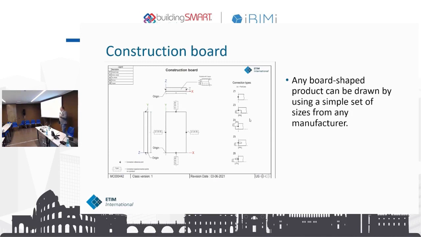And they have an edge finishing, which could be half-lap joints or a groove and tongue. But that's about all the flavors you can have. But this modeling class links to about 12 to 15 construction board type classes, like gypsum board, fiber board. All these boards that I showed you are linking to that class.